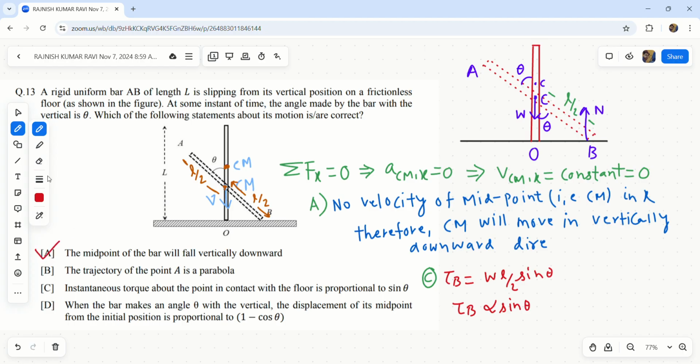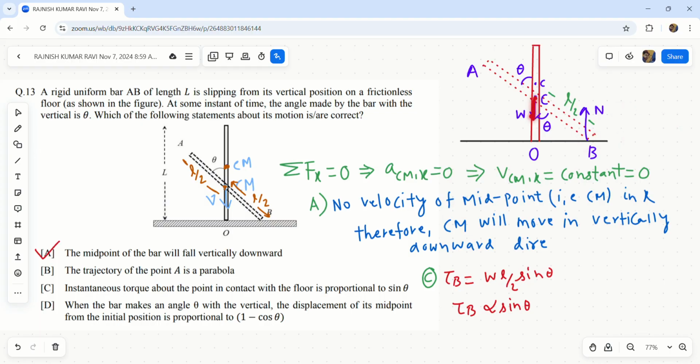Now coming to option C. Option C says the instantaneous torque about the point in contact with the floor is proportional to sine theta. The point in contact with the floor is point B. If we write the torques of the forces about this point, the torque of the normal force will be 0 since it passes through the same point.